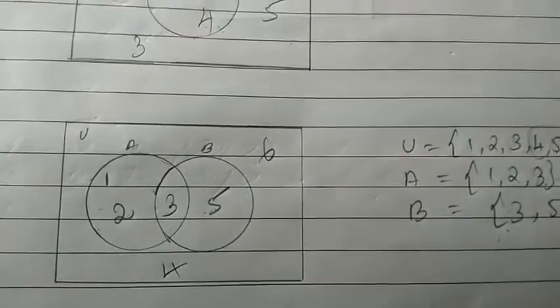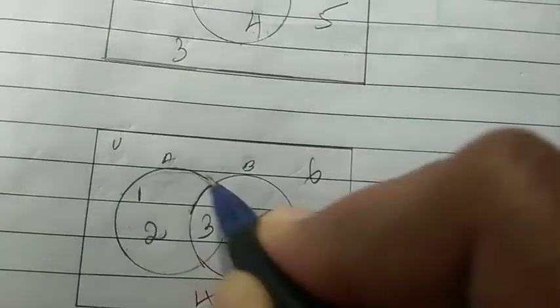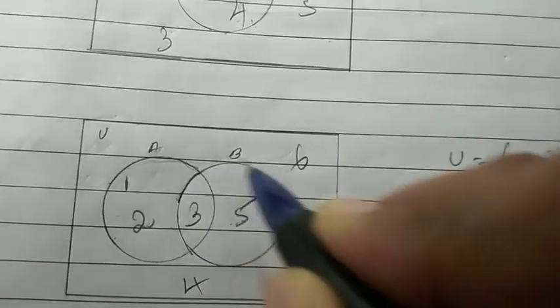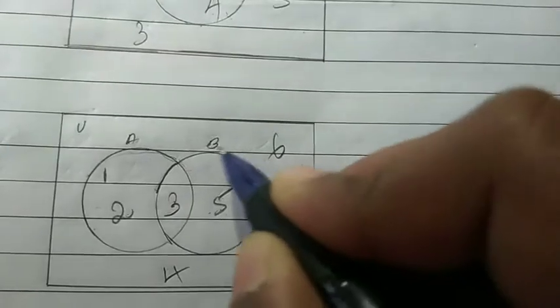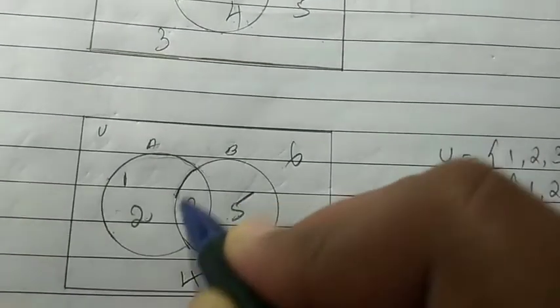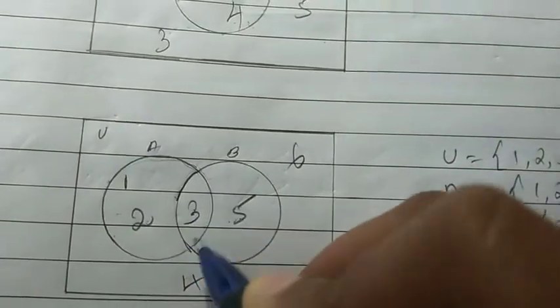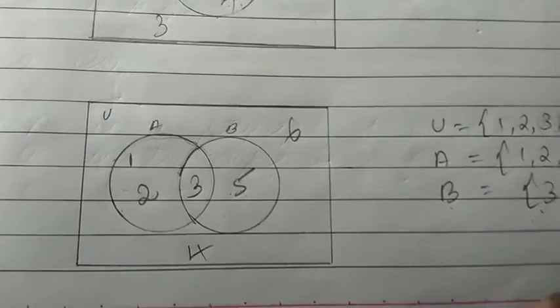So this part is only for set A till here, set A alone. This part will have set B alone, and this part will have set B and set A's common elements, and the whole thing will have the universal set.